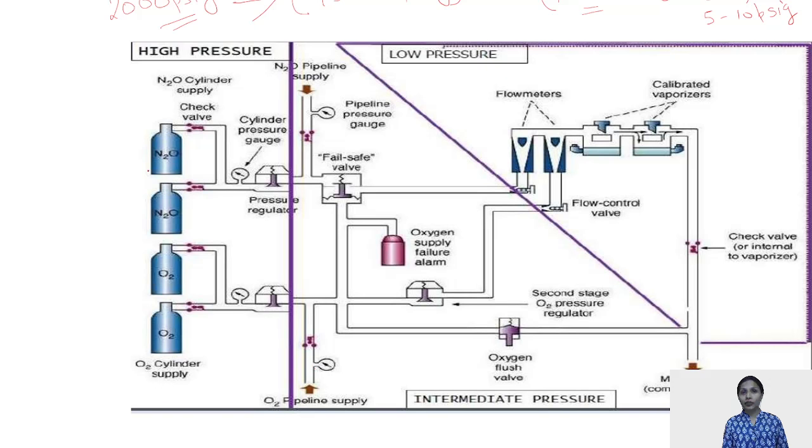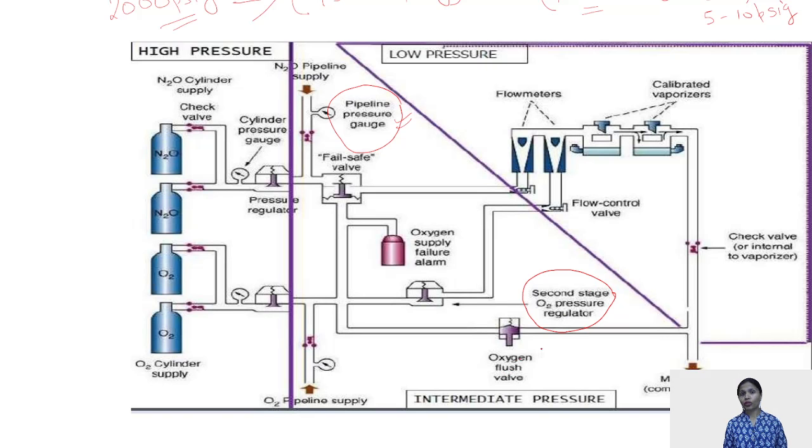So your intermediate pressure system consists of your pipelines, then something to see the pressure of those pipelines, which are your pipeline pressure gauges. It is similar to that of the cylinder gauge. Then you have your second stage oxygen pressure regulator, which reduces the pressure, working on a similar principle.